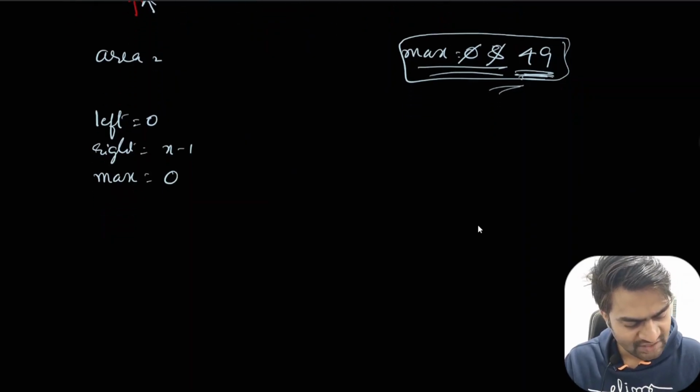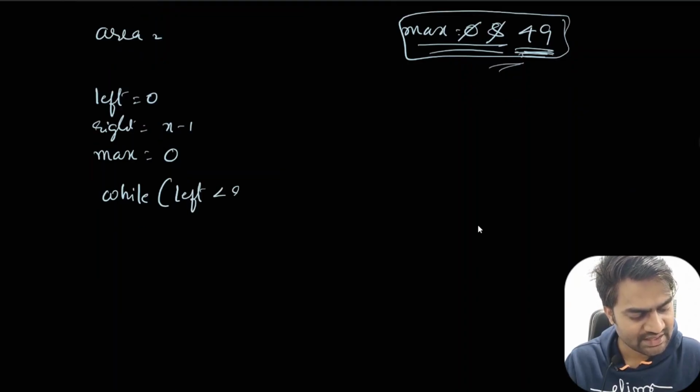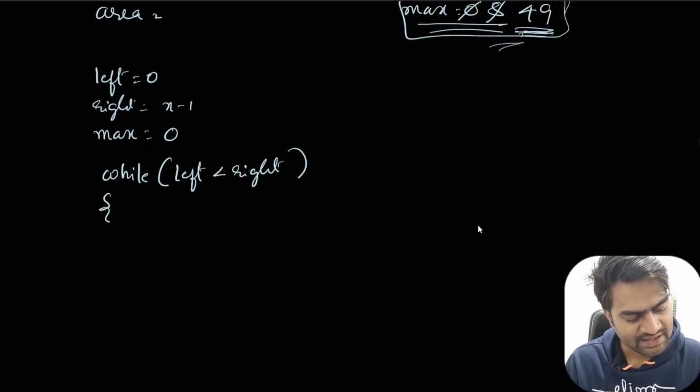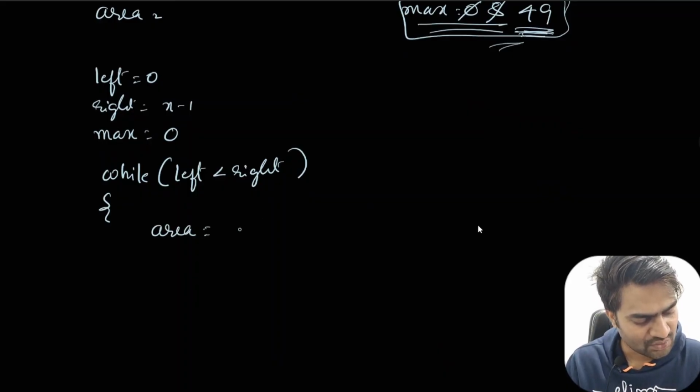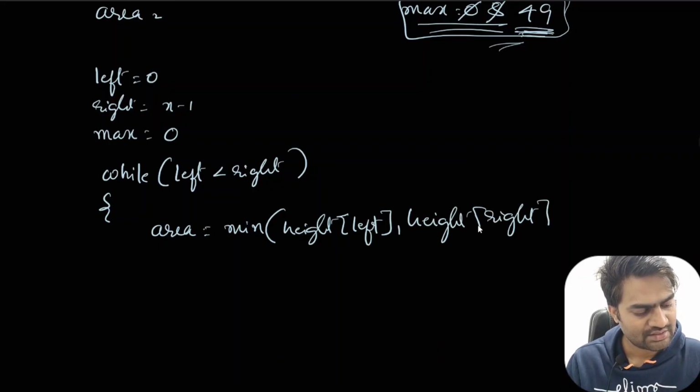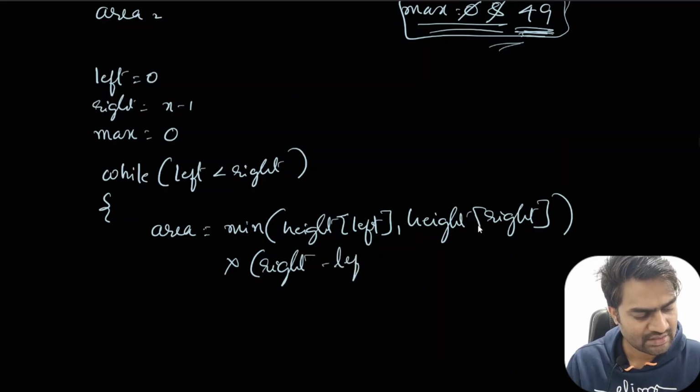Now I will say while my left pointer is less than right pointer, I will find the area equal to minimum of height of left, comma, height of right, into right minus left.